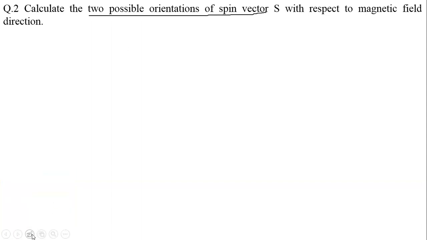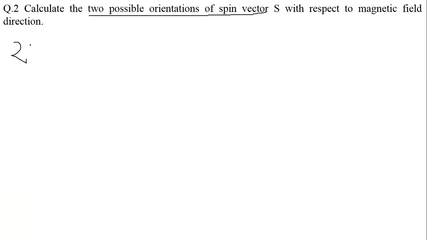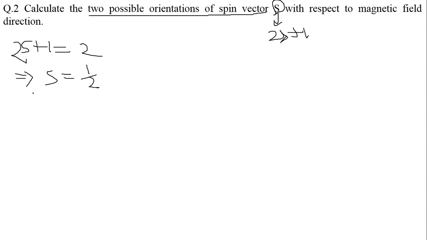A spin vector s has 2s plus 1 orientations. Since it is given two possible orientations, 2s plus 1 equals 2, from which we get s equal to half. So here the spin is half.